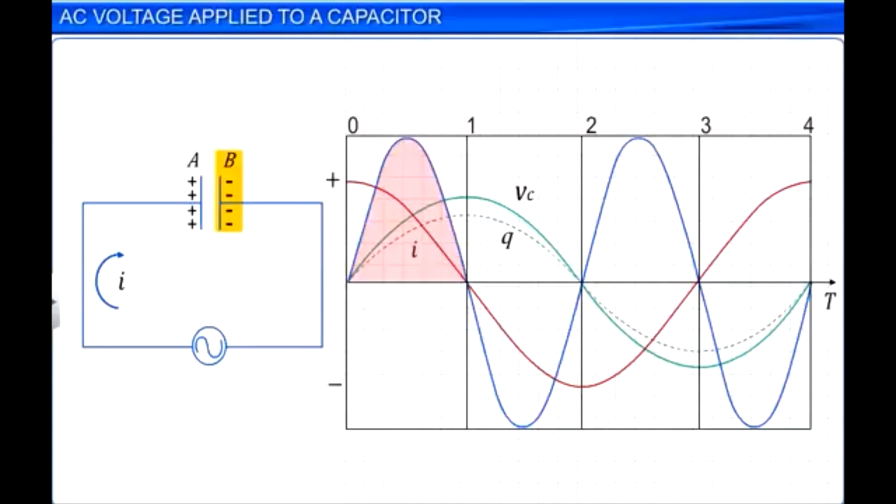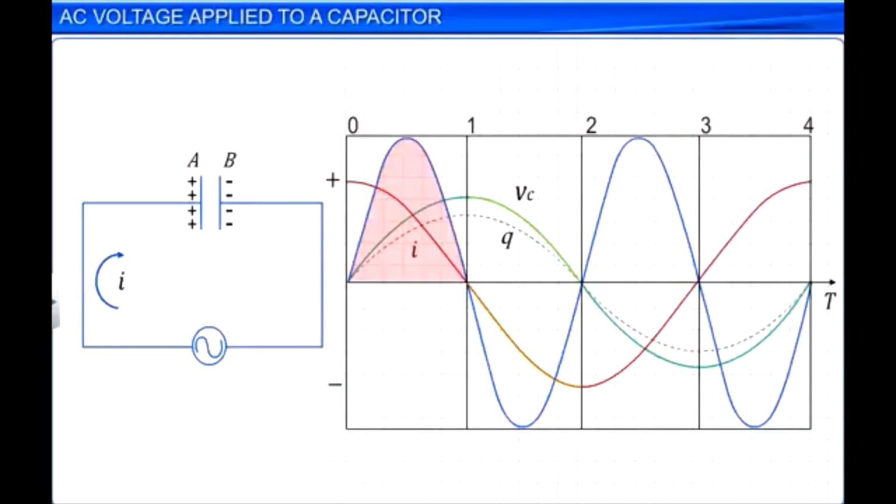The plates are fully charged at the instant 1. The voltage across the plates is in phase with the charge Q, and peaks at time t is equal to 1. As the current and voltage are both positive, it means that the power is positive.